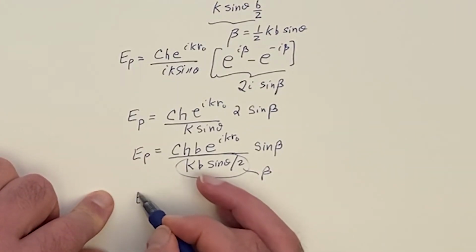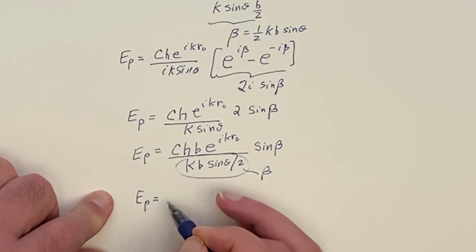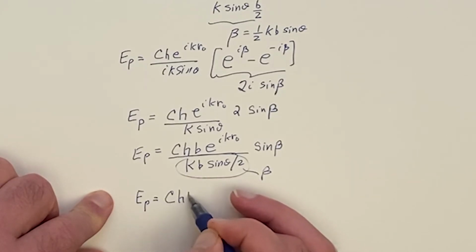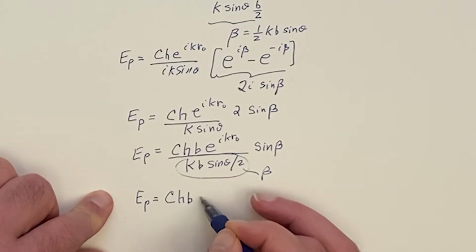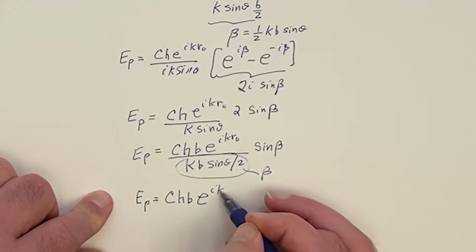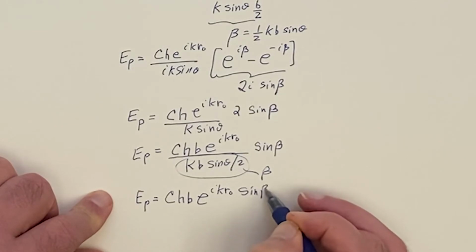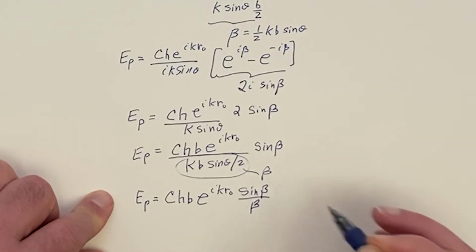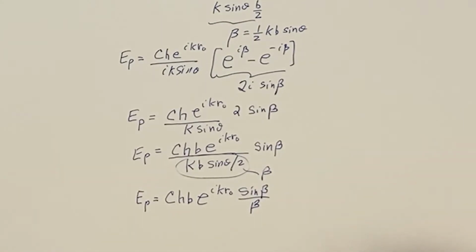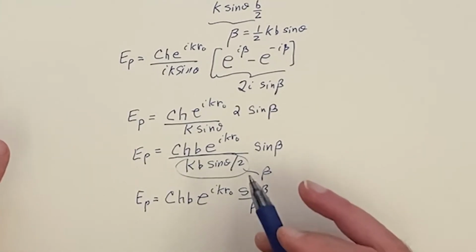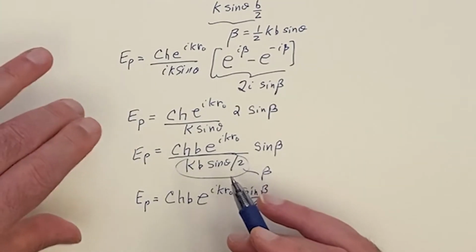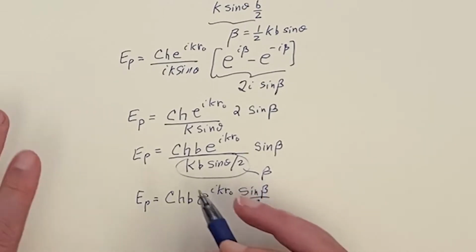So that means E_P is C h b e to the i k r naught sine beta over beta. Hey, that's the sinc. You might remember that when we took the Fourier transform of a box, we got the sinc, like the pulse.